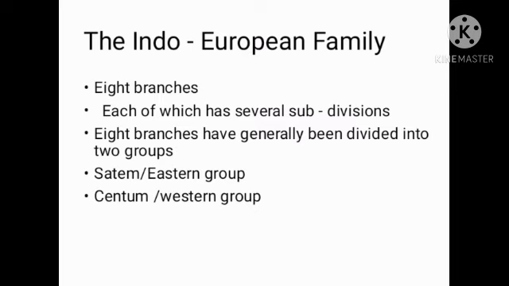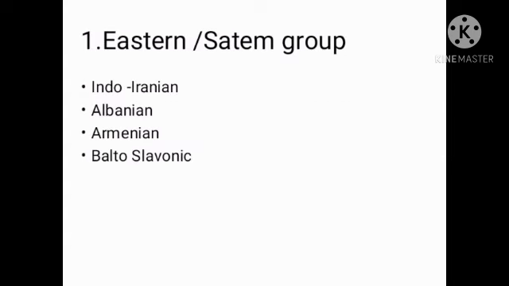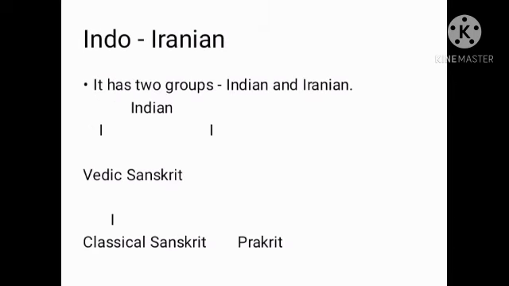The term Kentum can also be pronounced as Centum. Dear students, let's discuss the first group, Eastern or the Satem group. It has 4 subdivisions: Indo-Iranian, Albanian, Armenian, and Balto-Slavonic. Is it clear this far?